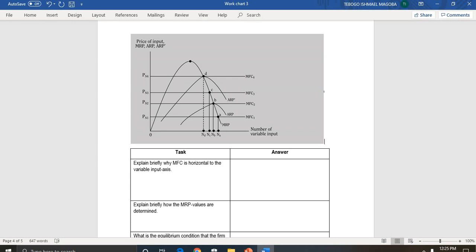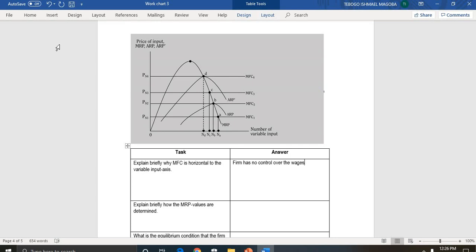The firm has no control over the wages, which is the marginal factor cost. Remember, factor cost is the price of your factors. So in this case, your factor cost would be your wage.